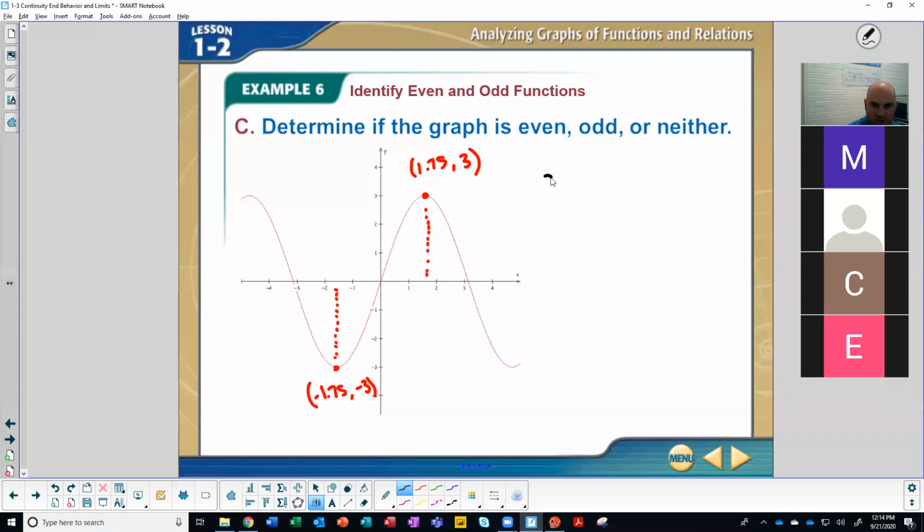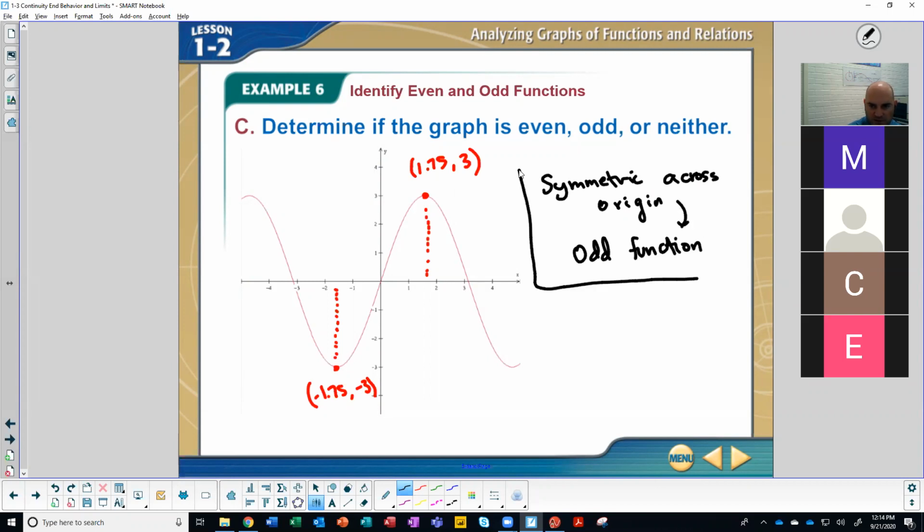So this one is symmetric across the origin, and if it's symmetric across the origin, that means it is an odd function. That's what it means. It's odd.